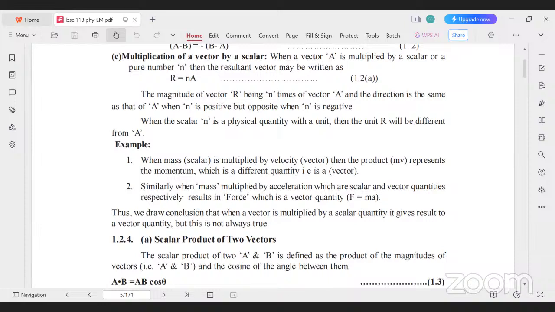So this is the scalar product of two vectors. When a mass scalar is multiplied by a velocity vector, then the product mv represents momentum. So what is momentum? It is a different quantity, that is a vector. Momentum, see, main words I'm explaining; you need to remember all this. Momentum is nothing but something moving from one place to another.